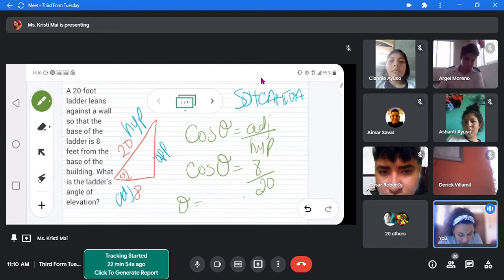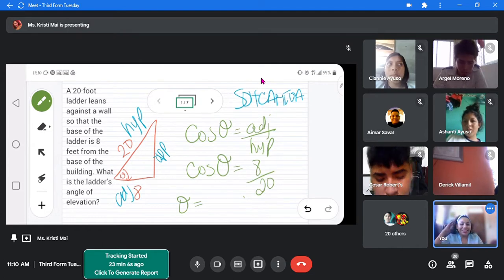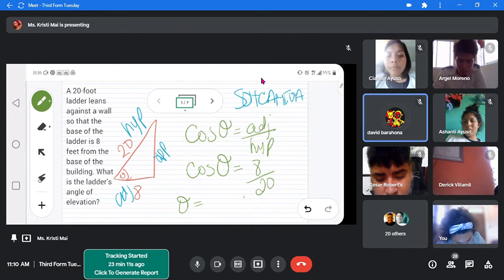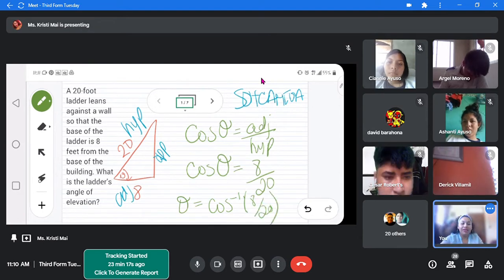I want to leave theta by itself. So what do I need to do to leave theta by itself? What did we do last week? You already forgot? Cosine inverse. We used the arc cos of 8 over 20.